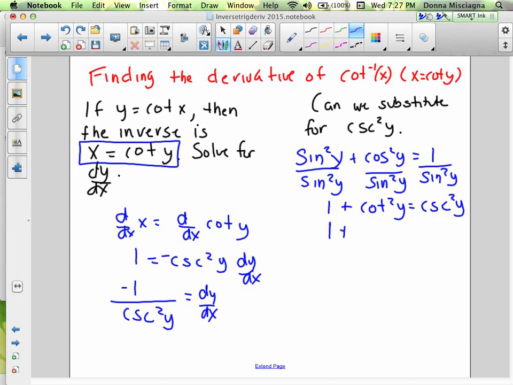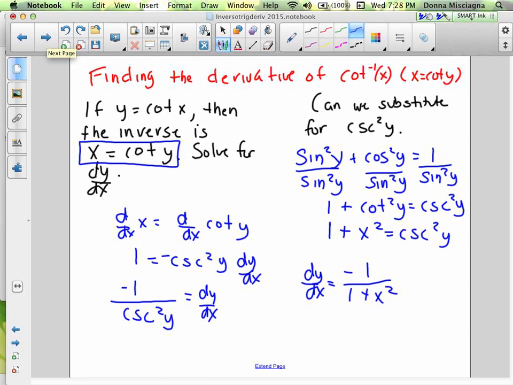We have 1 plus x squared equals cosecant squared y. And guess what? We're not stuck with that cosecant y anymore because we're going to replace it with a 1 plus x squared. That means that dy dx is equal to negative 1 divided by 1 plus x squared. And that looked an awful lot like tangent, except for the sign.